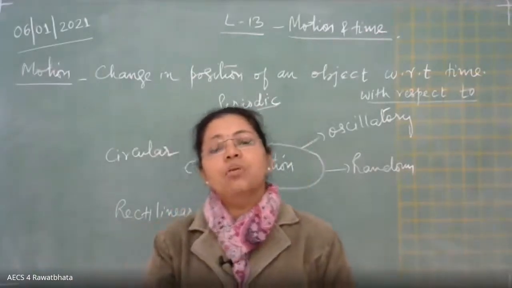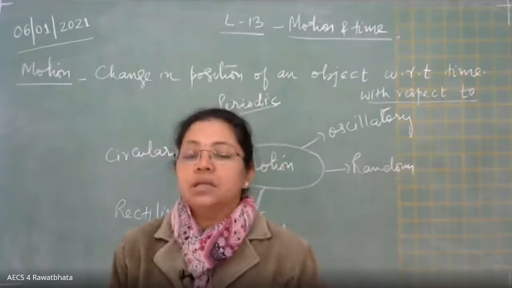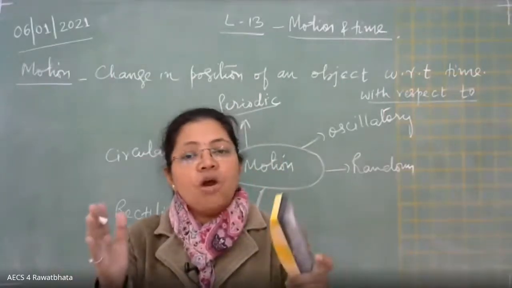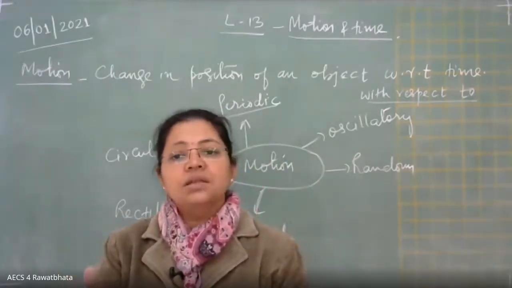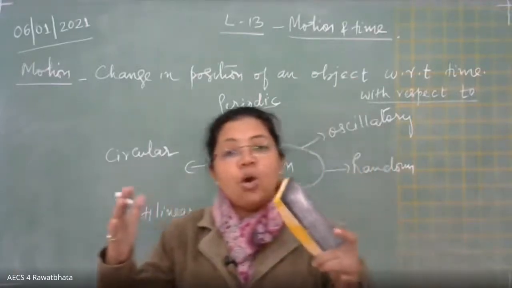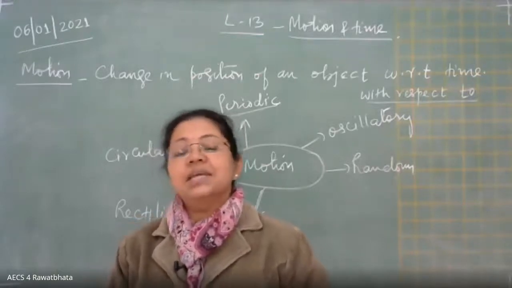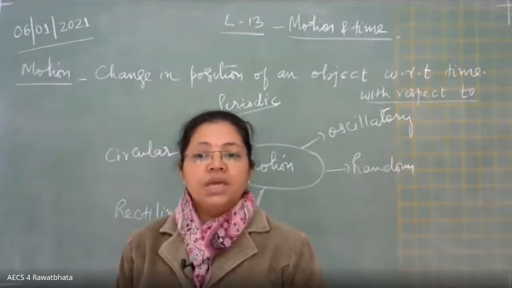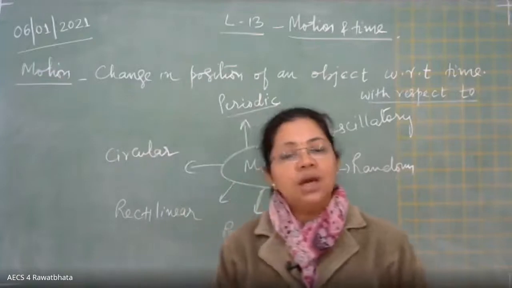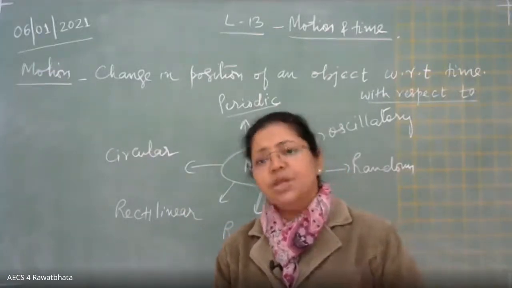For example, a moment before Bhaskar cited the example of the revolution of Earth around the Sun. That revolution of Earth around the Sun is an example of periodic motion. Rotation of Earth and Moon on its own axis is again an example of periodic motion. Yes, Purvijan, you are also right. Movement of a simple pendulum is also periodic.